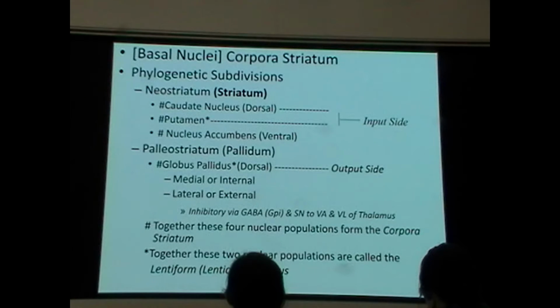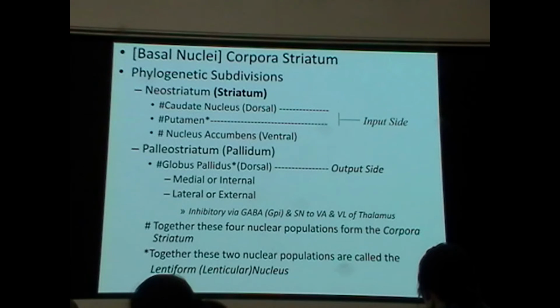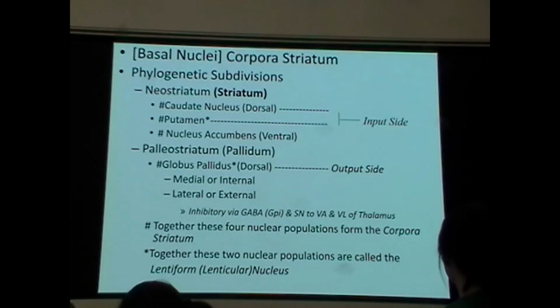We can subdivide the basal nuclei into what are sometimes called the striated bodies, the corpus striatum. If you look at them under a microscope, even without any type of staining, they look striped, hence the term striatum. The newest aspect of the striatum is called the neostriatum, and there are three nuclear populations of the basal nuclei that can be classified here.